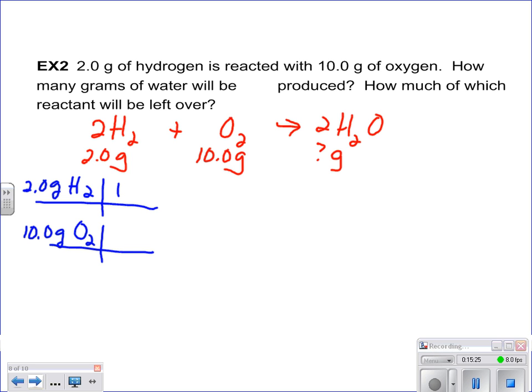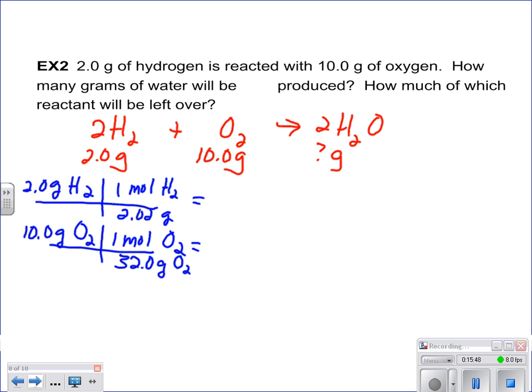So I'm going to say 1 mole of hydrogen has a mass of 2.02 grams. 1 mole of oxygen. What's the mass of 1 mole of oxygen? Awesome. So I heard 32 all day long. I've been getting 16 from people. So 32 grams of our oxygen.